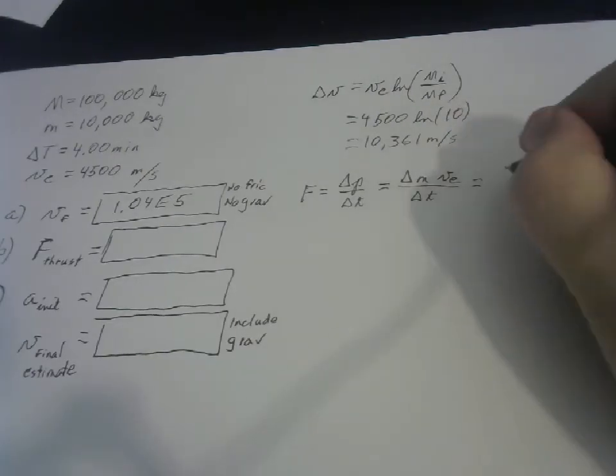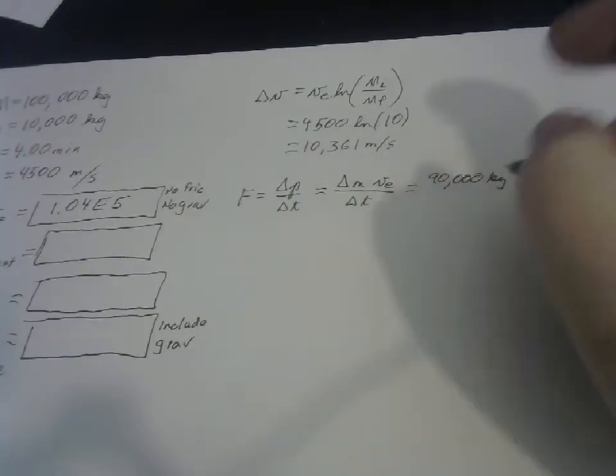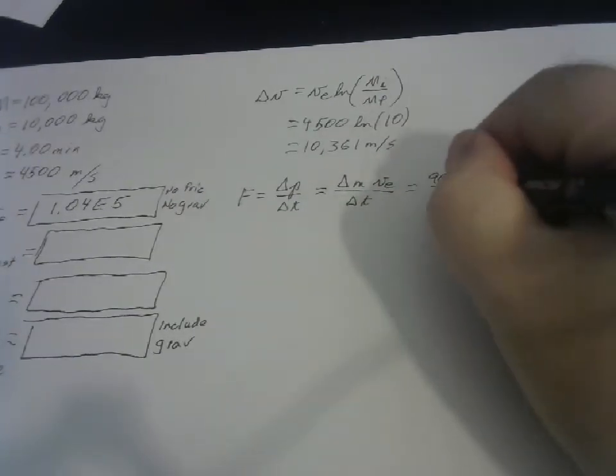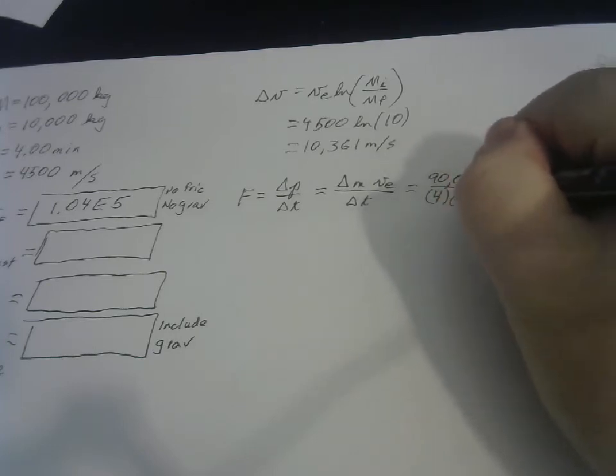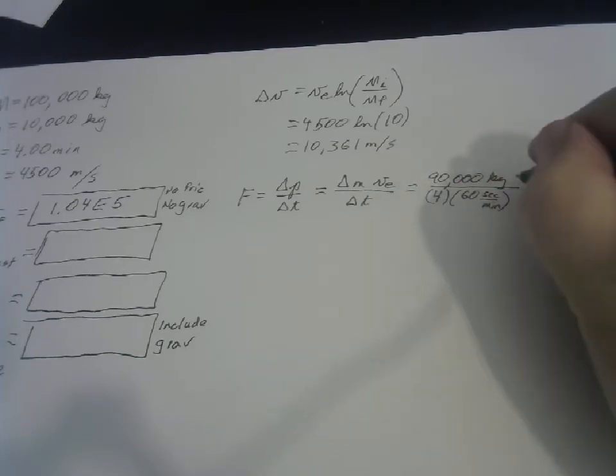So 90,000 kilograms in 4 minutes, which is 4 minutes times 60 seconds per minute. And we want the V sub E in there to be 4,500 meters per second.